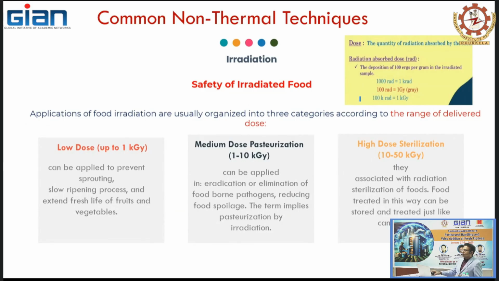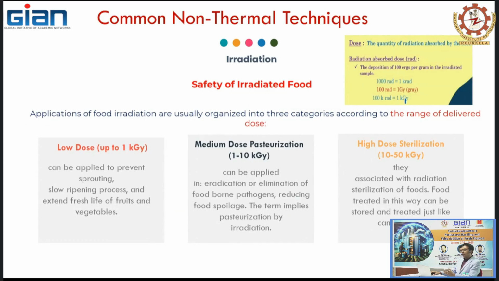So the dose is commonly expressed in kilogray. So 100 rad is equal to 1 gray, and 100 kilo rad is equal to 1 kilogray. Whatever you are reading nowadays, the radiation we use is in kilogray.